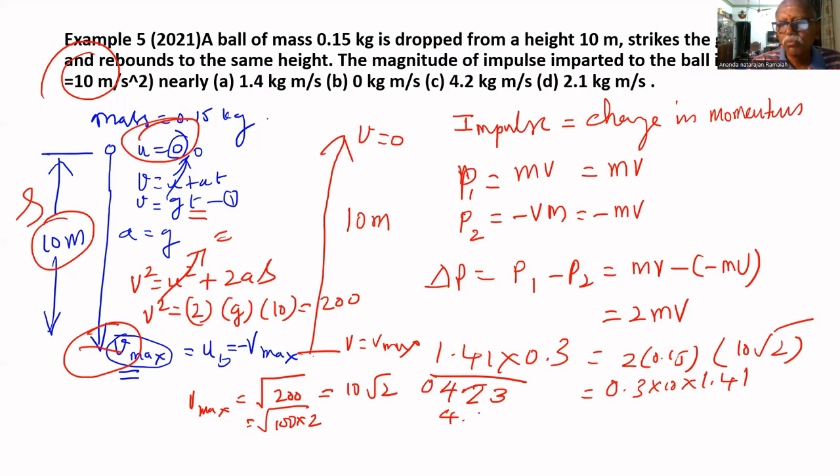Multiplied by 10 equal to 4.23. The answer is C. Shall I move to the next sum?